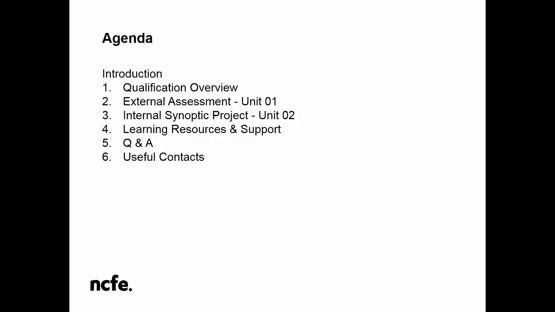You may know that the first time we submitted the qualification, it wasn't successful in gaining approval, but the feedback we got was very specific and detailed, and we have responded to that, and we're going to explain those changes as we go through the session today. We're then going to look at Unit 1, which is the external assessment element of the qualification, and we'll talk you through the subject content for that before moving on to Unit 2, which is the internal synoptic assessment for the qualification.